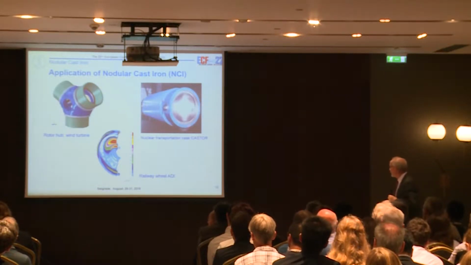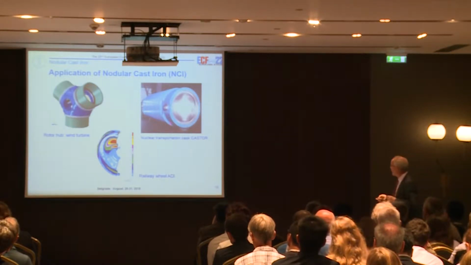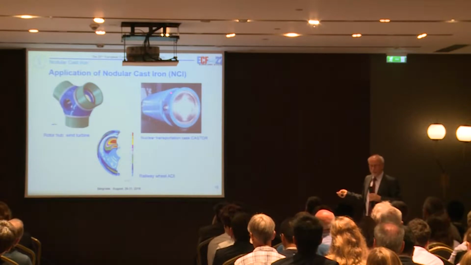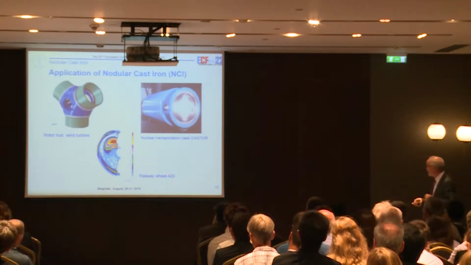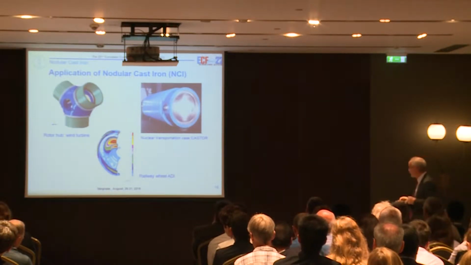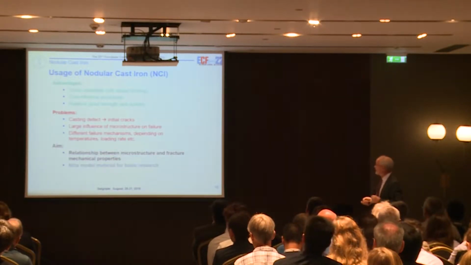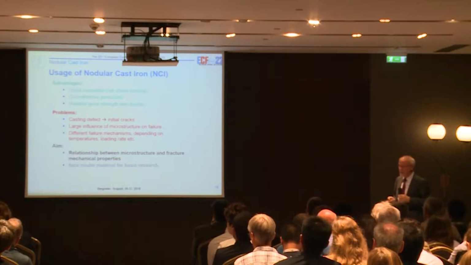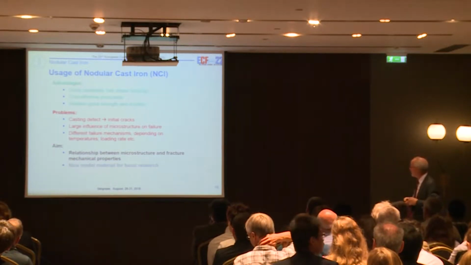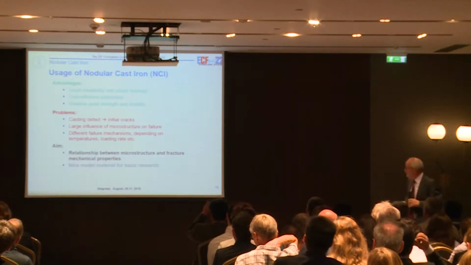In Germany, especially for the nuclear transportation and storage casks, they are all made of 20 tons of ductile cast iron, or also tempered ductile iron is attempted for railway wheels. So this has advantages. It can be well cast, net shape forming, and cost-effective production, and the mechanical properties are not as bad compared to steel.